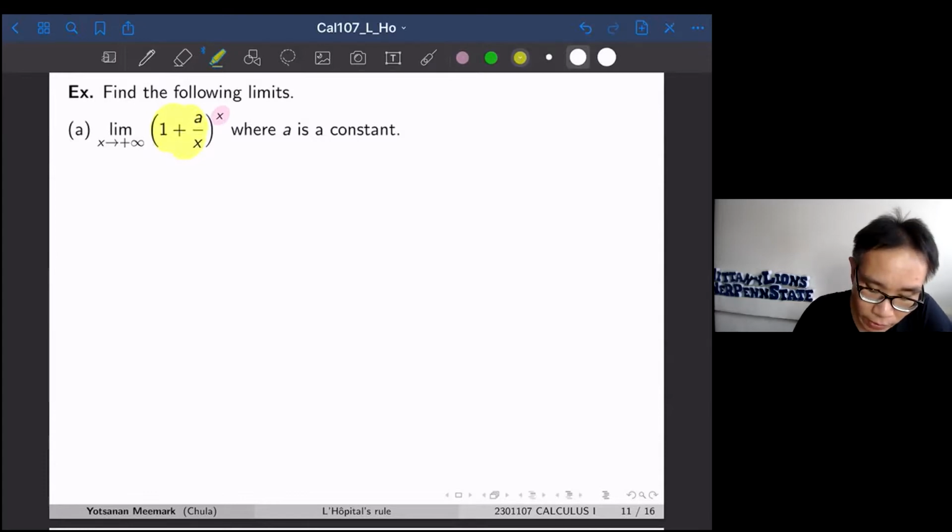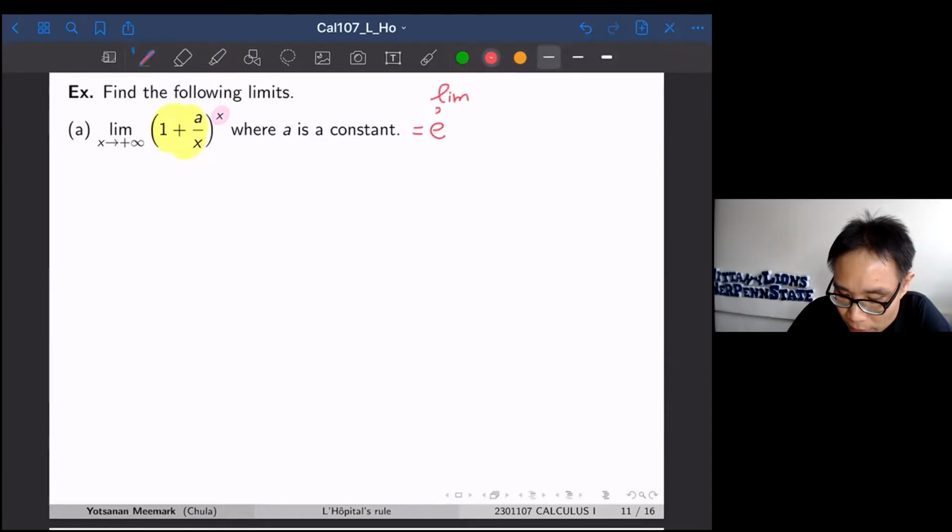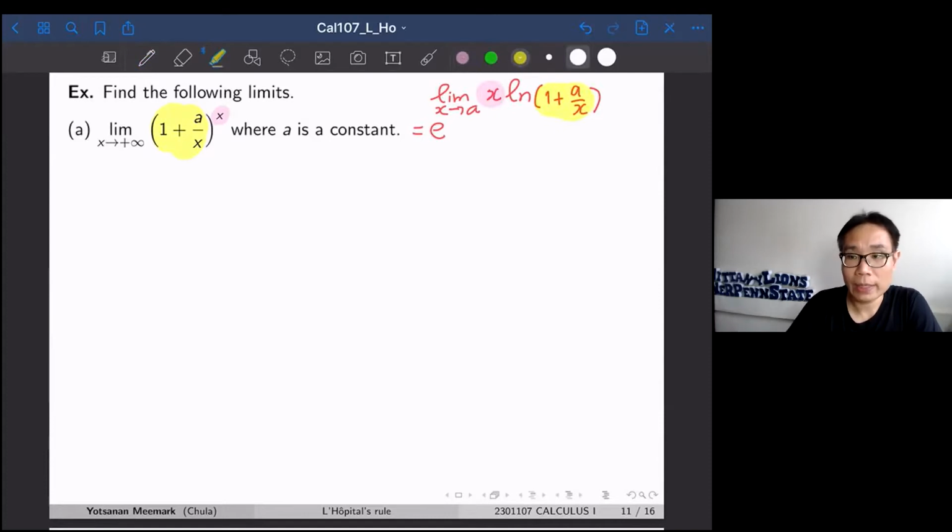Okay, so you're going to convert this limit to e to the limit as x goes to infinity, and you have x come down, and it's going to be log of 1 plus a over x. So this guy, you have x come down, and you have 1 plus a over x, like this. And this guy turns out to be the final answer in terms of e to some power.